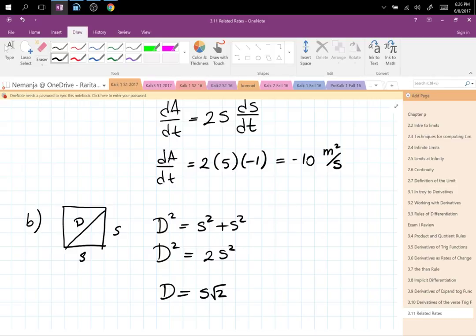So I found an equation which connects the length of the diagonal to the length of the side. So, the link between sides and diagonals.